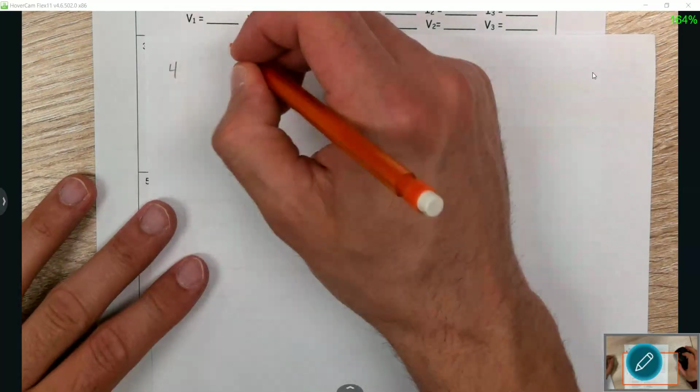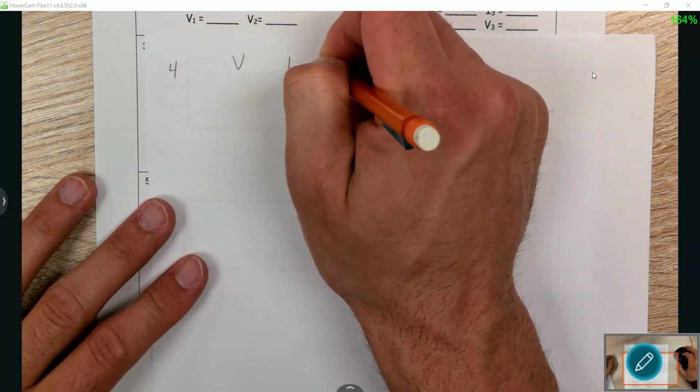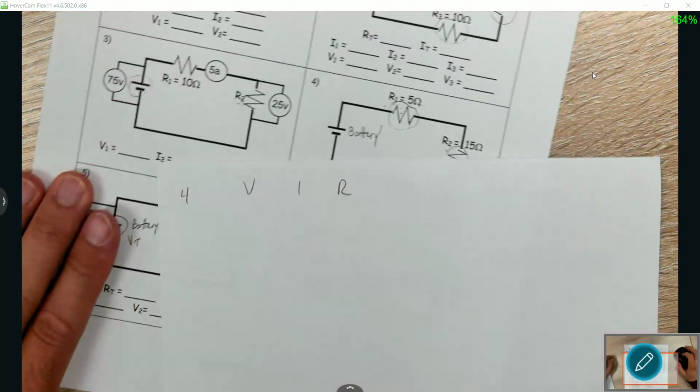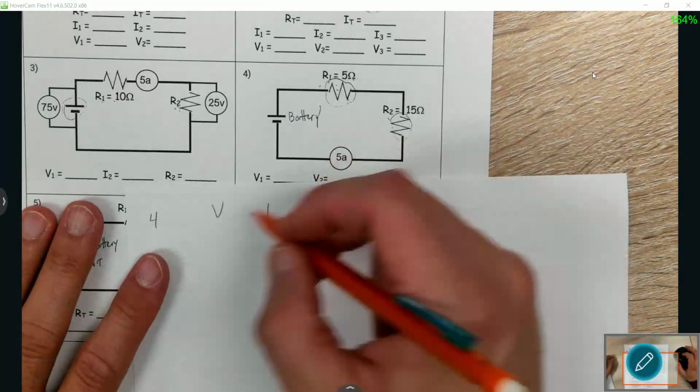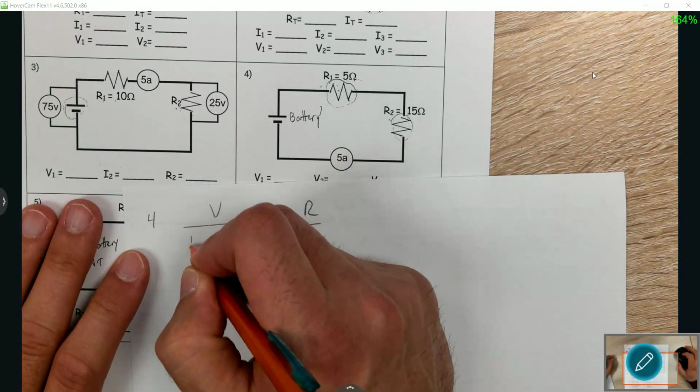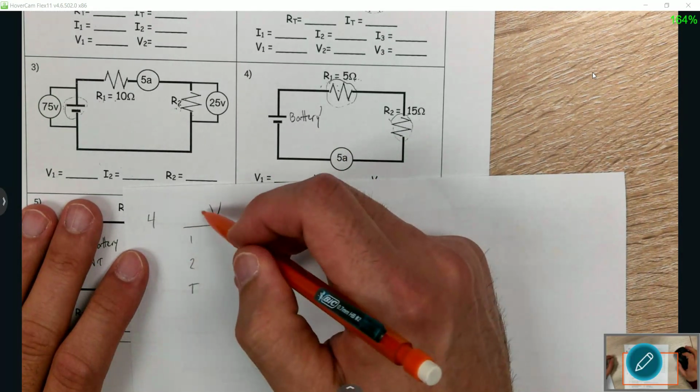On my back piece of paper, I would have number 4, V, I, and R. I'll just quickly make those tables. There's only 2 resistors here: 1, 2, and a total.